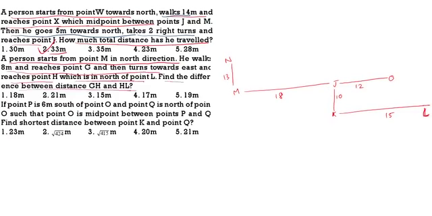This is M and he is walking north. He walks 8 meters. This total is 13. This is 8. He reaches G.